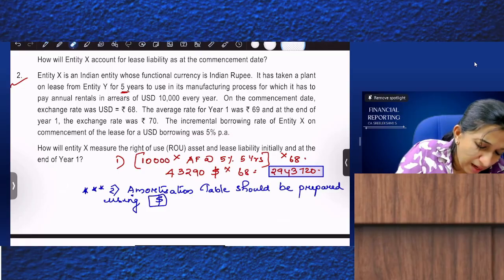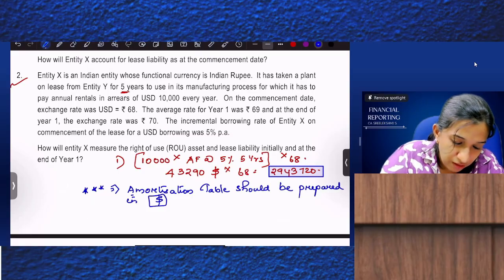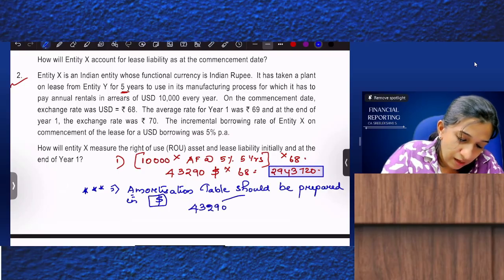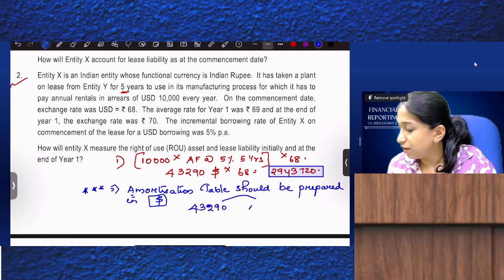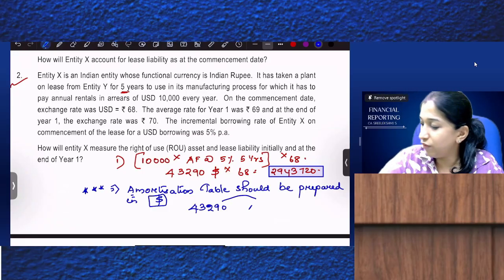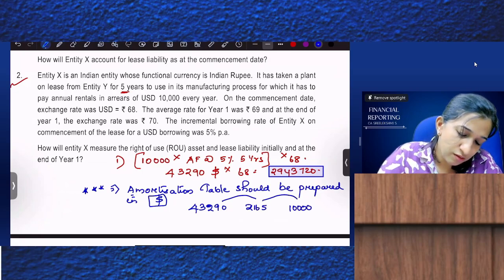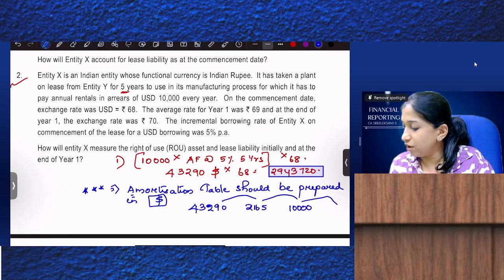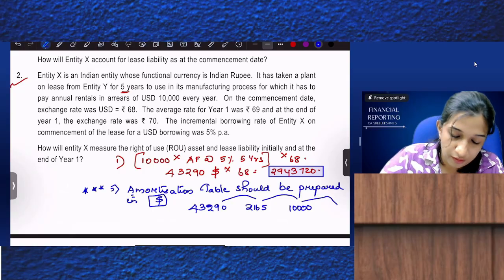So you should take 43,290, unwind at 5%, 43,290 into 5% is 2,165. I am taking 2,165, repay 10,000. Closing is 43,290 plus 2,165 minus 10,000, which is 35,455.